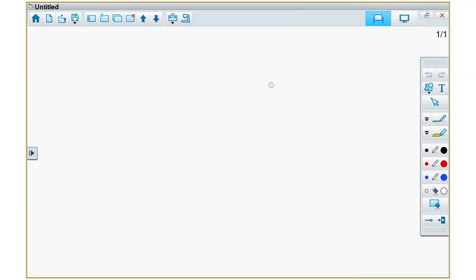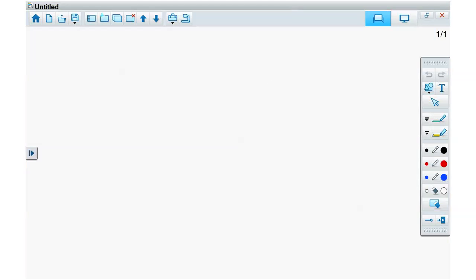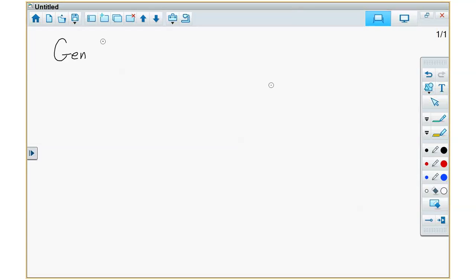So the first page of notes will be called General Properties. This basically has to do with the algebraic portion, not the actual graphing, but just the algebraic portions of graphing.